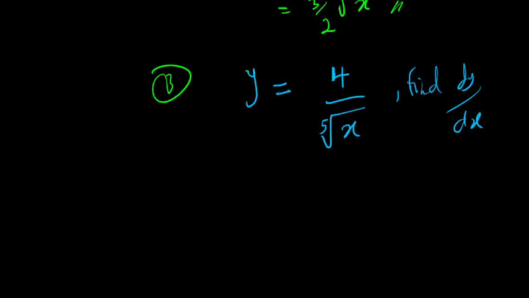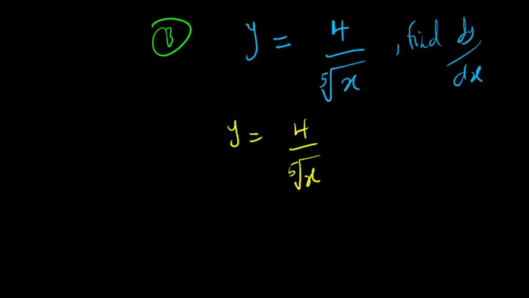Now, y is given as 4 over the 5th root of x. We write this as 4 times 1 over the 5th root of x. Don't forget, this doesn't look like our standard. What is the standard? The standard is x raised to power n, and it doesn't have 1 over anything.